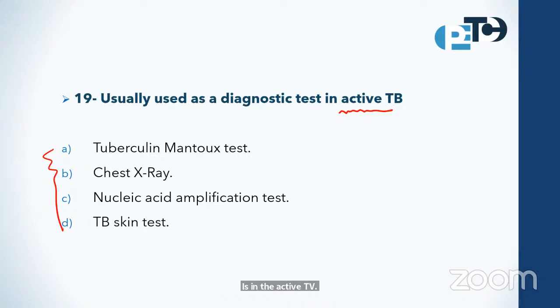Tuberculin Mantoux test, chest X-ray, nucleic acid amplification test, or TB skin test. Regarding those choices, chest X-ray will give us an indication that the TB is active, while others give us an indication that the patient has the antigen of TB.